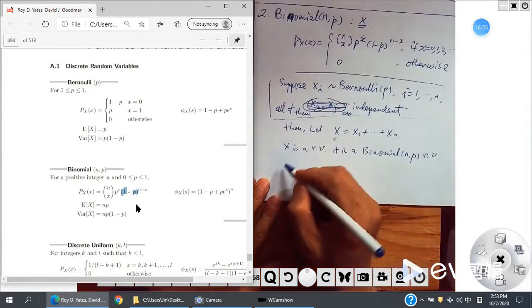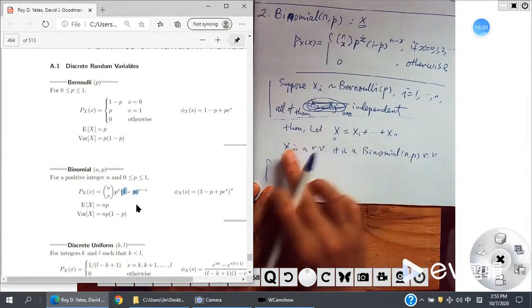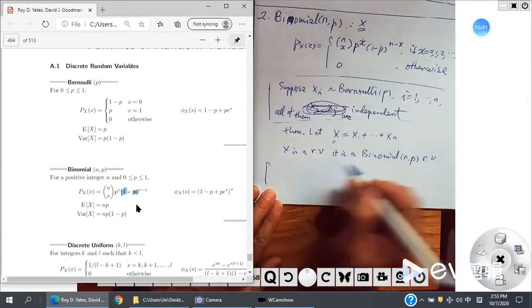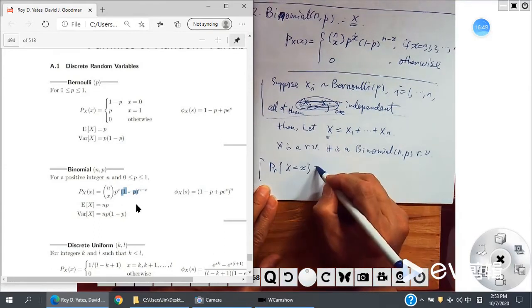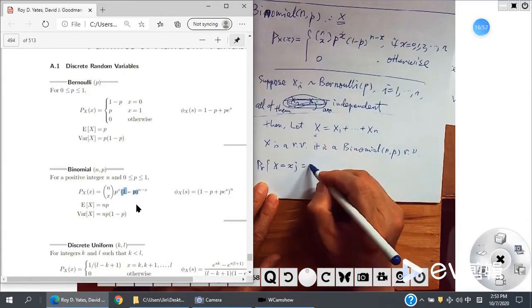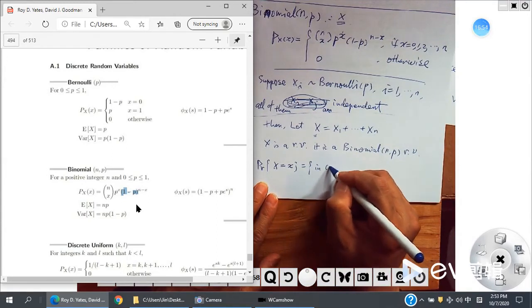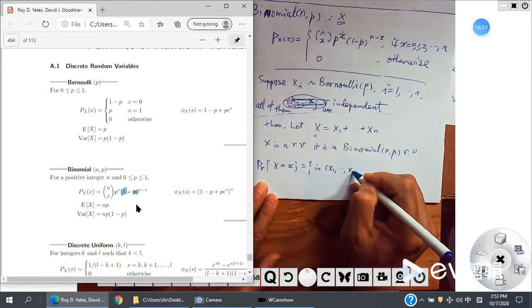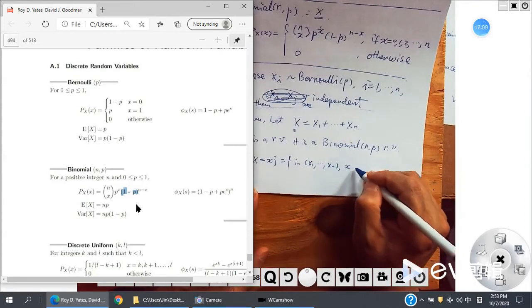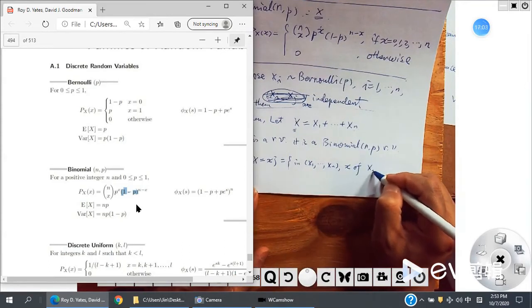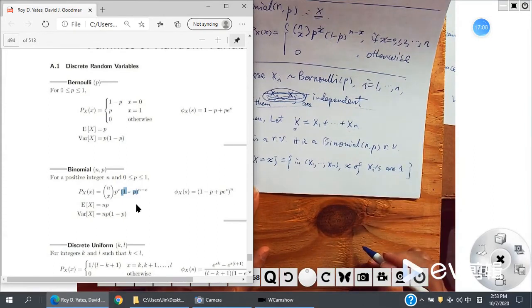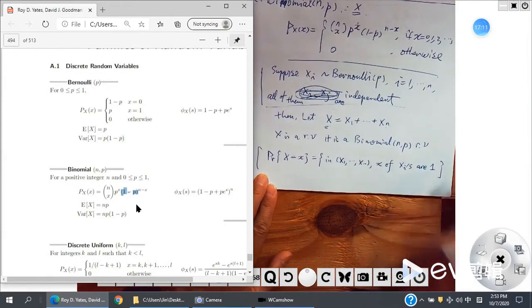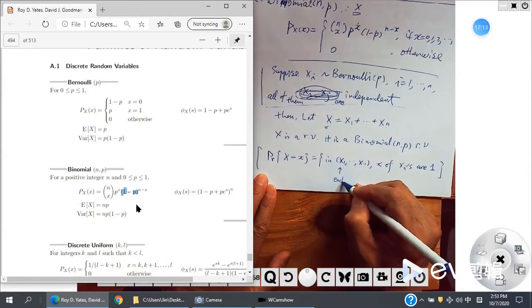Then the probability of X equal to lowercase x is the probability that among X1 to Xn, x of the Xi's are 1. You got it? And each equals 0 or 1.